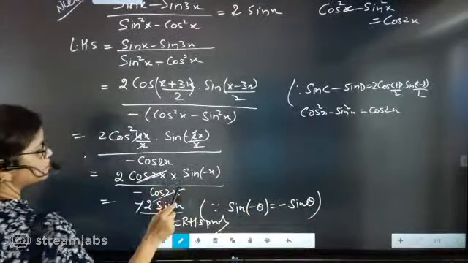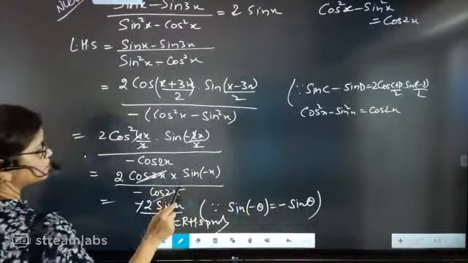Now tan 4x can also be written as tan 2 into 2x. Yes or no? Now beta, tan 2 into 2x means this is now 2x. Now beta, if you have a problem, then convert, let 2x be equal to y. Then what will this one become? This one will become tan 2y.